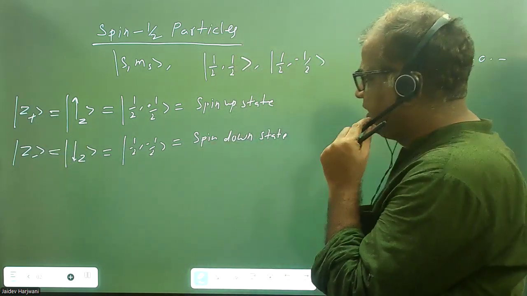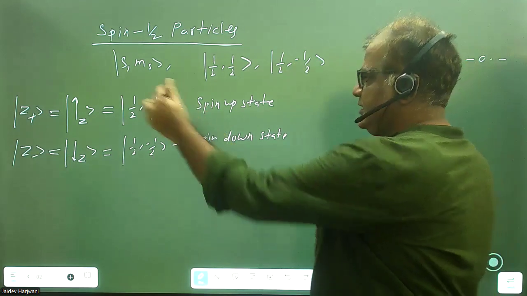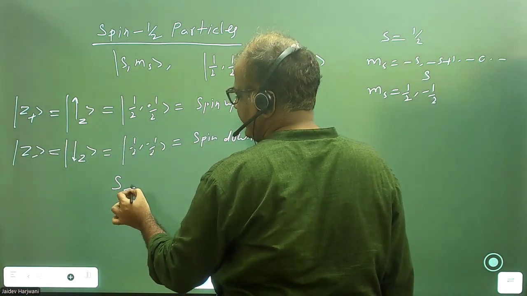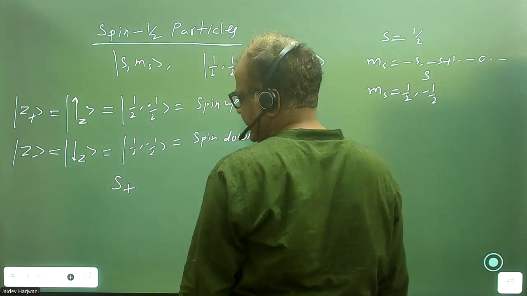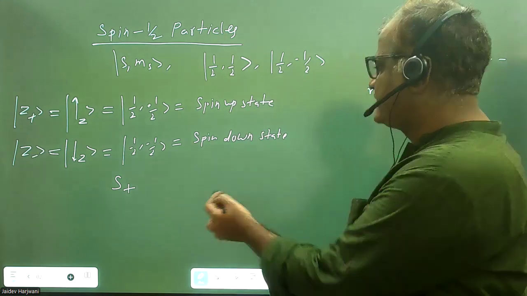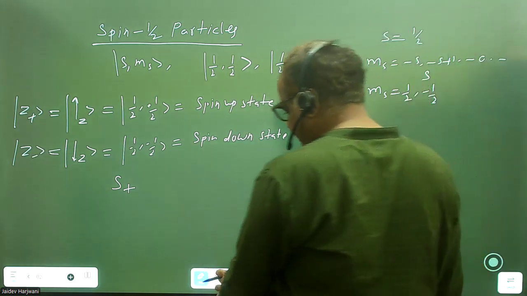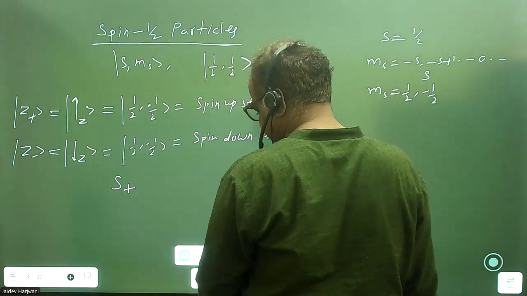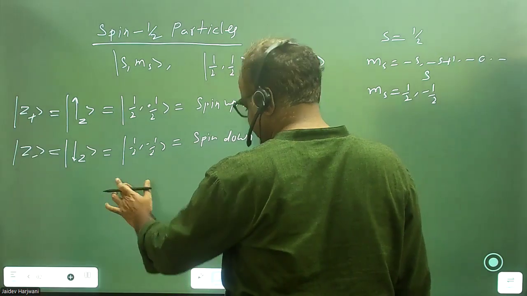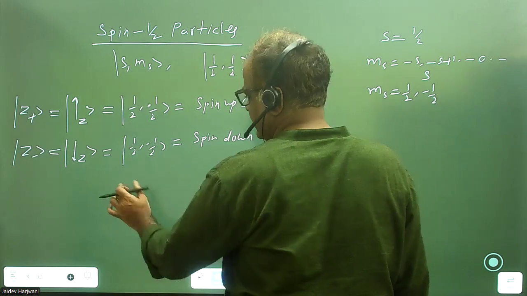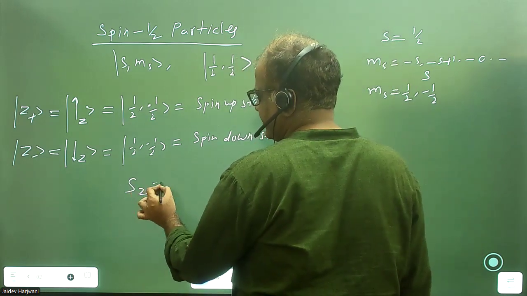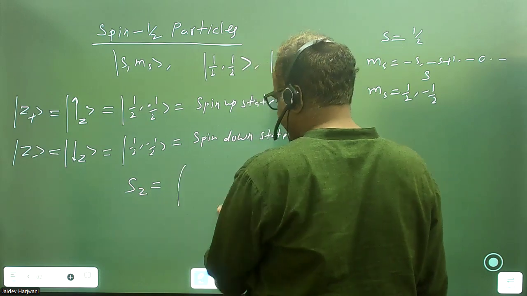Now I want to find Sx, so I want to operate with S plus. For the calculation of Sx and Sy, we need the ladder operator. Sz we can directly write from here. If I want the matrix representation, Sz has two states.